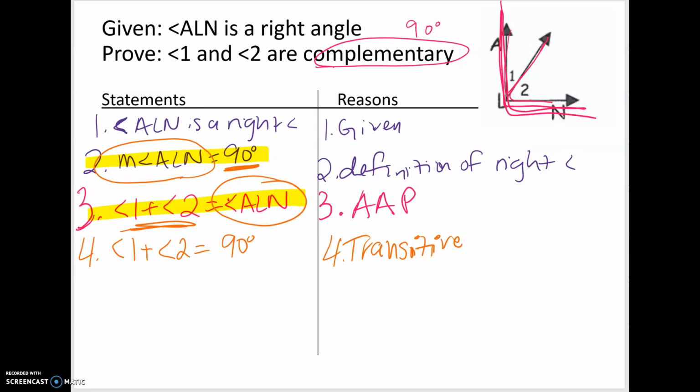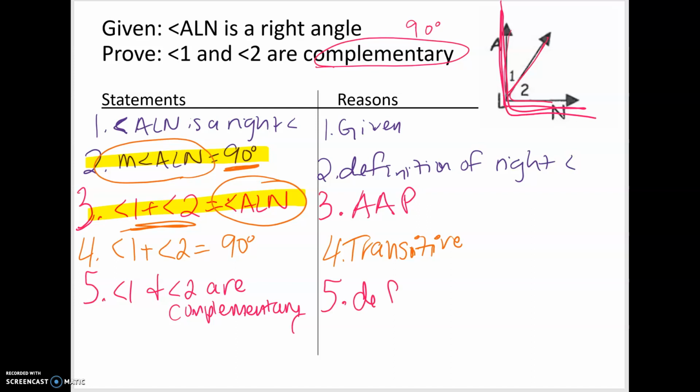And if angle 1 and angle 2 are 90 degrees, look back at your prove statement. Okay, all I need is that angle 1 and angle 2 are complementary, which remember means that they add up to 90 degrees.